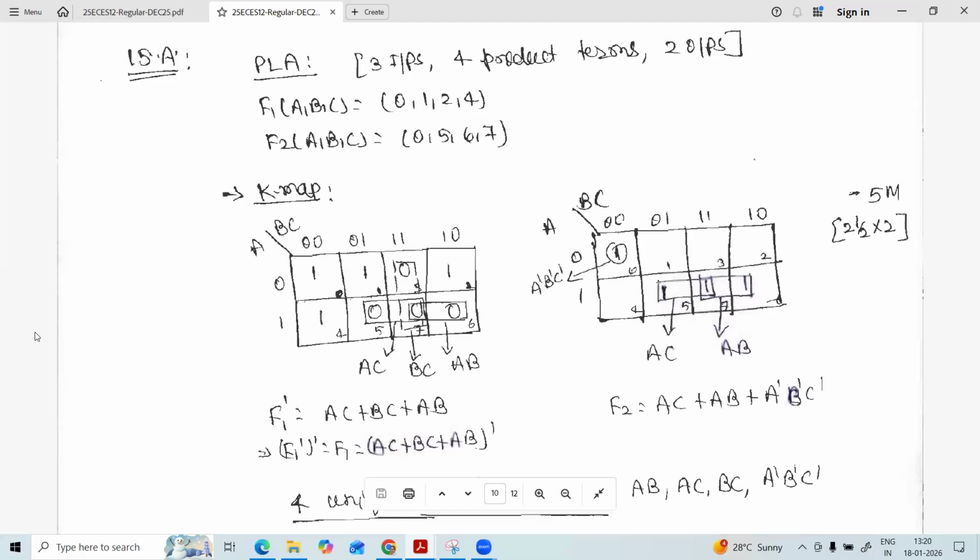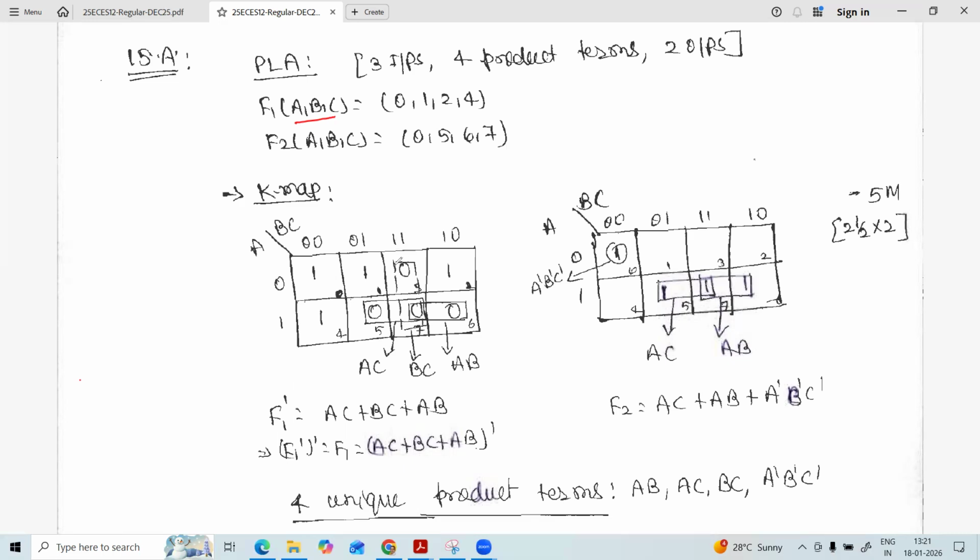So now in this, whatever function is given, first we need to go for the K-map. Here we have 3 variables, so 8 boxes are required. If you make the combination of the given min terms for both the functions, then we will not get 4 unique products.